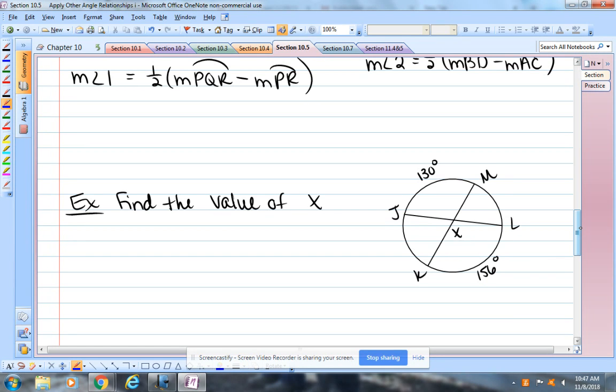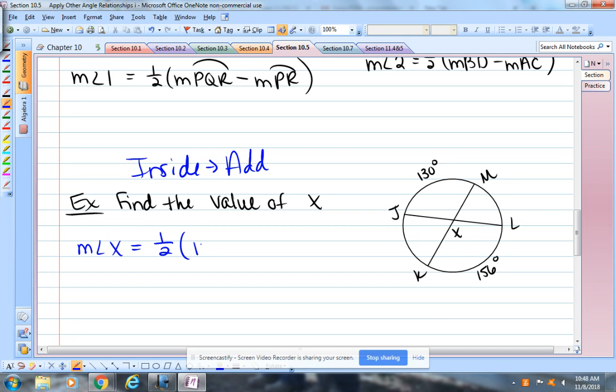Yeah, the lines are crossing inside the circle. So to find the measure of angle X, you're going to say 1/2 times the measure of the two arcs added together. Inside we add, outside we subtract. They cross inside, we add and take a half.